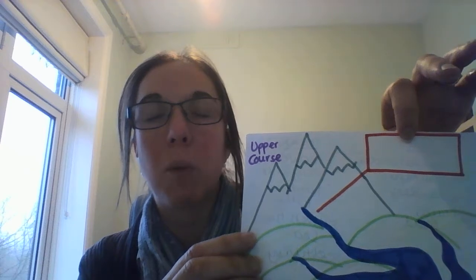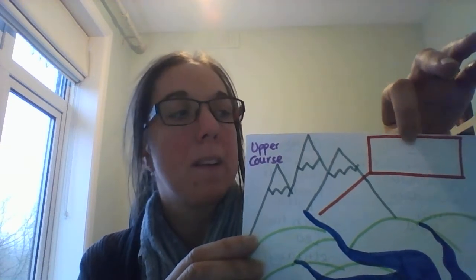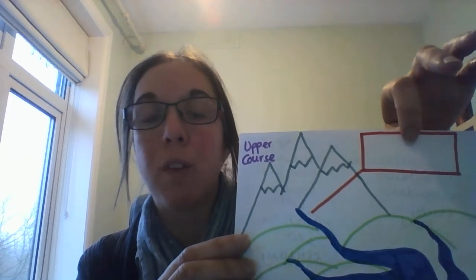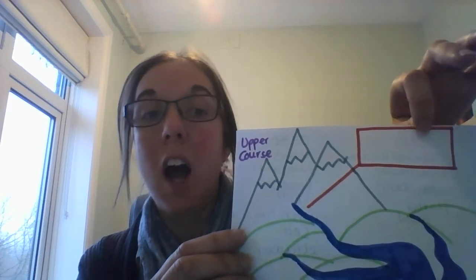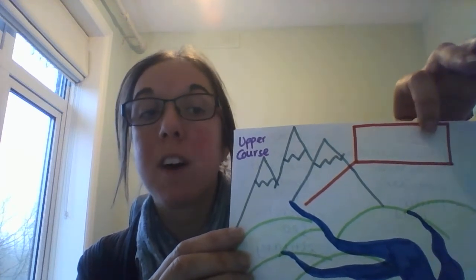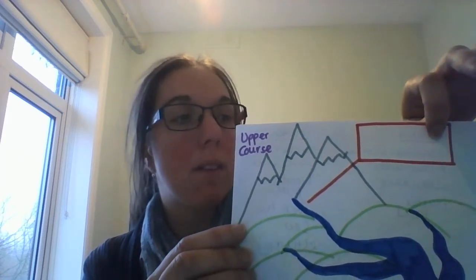So if I'm thinking, what sentences could I have written? Well, I know that the source of a river is in high ground, usually in a V-shaped valley. So I could have written that sentence.